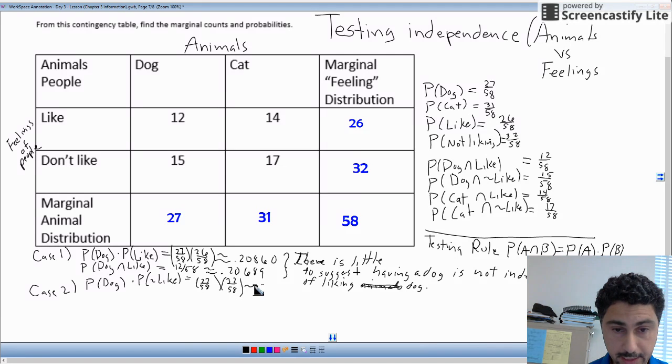When I check that, I'll go to my calculator and do it again. Just bear with me while I do the math as well. I'm getting approximately 0.25683.